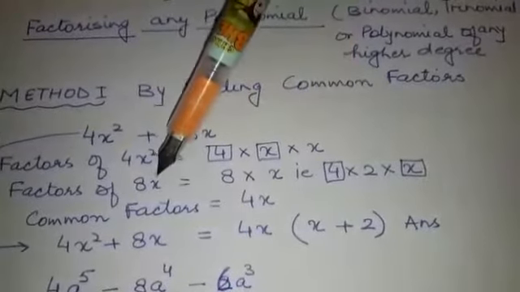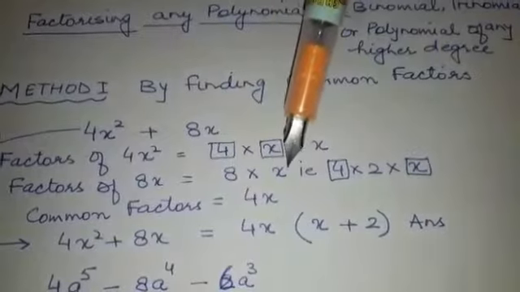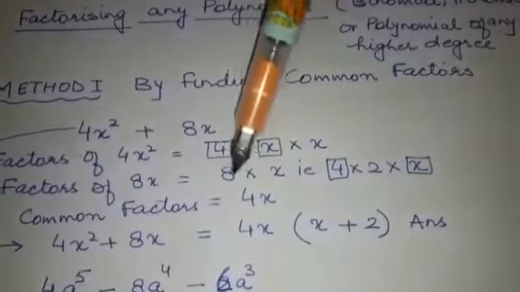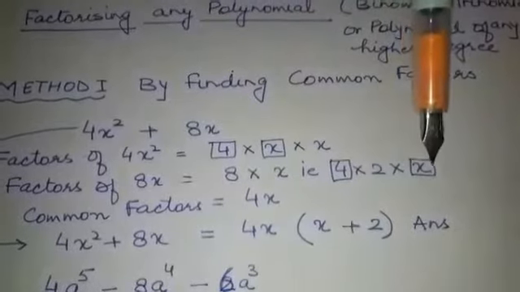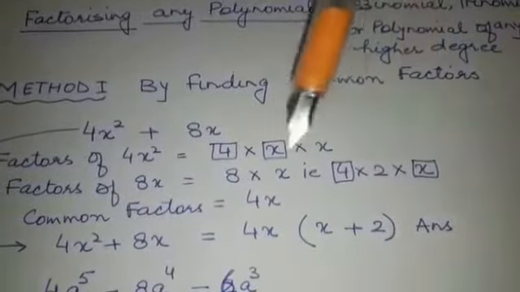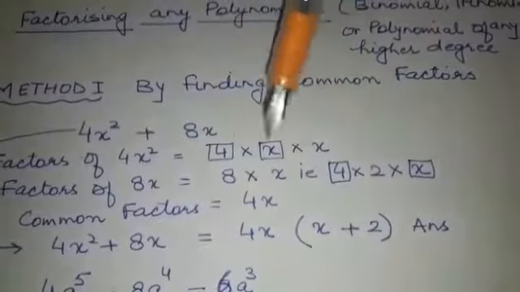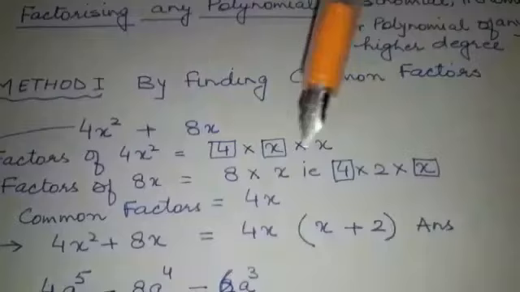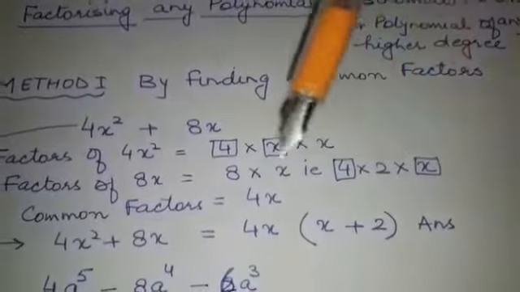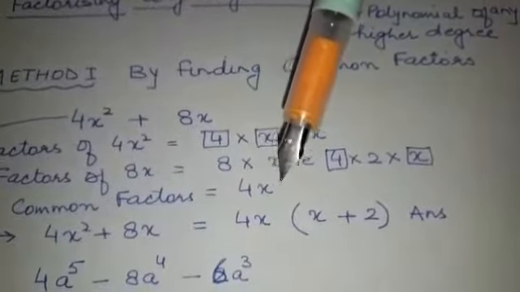Similarly, we break 8x as 8 multiply x. Now this 8 can be written as 4 multiply 2 multiply x. Look here very carefully. In this first term and in this second term, we find 4 and x as common. So we write common factors are 4x.